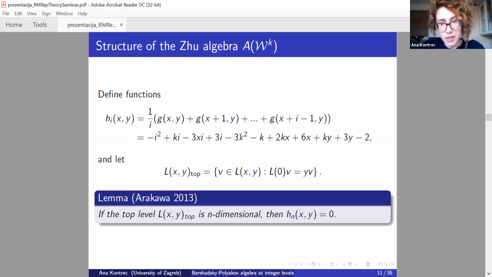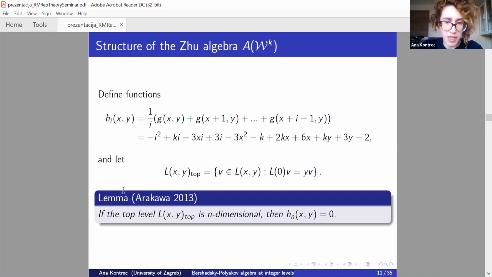We have x squared here and y, and it turns out, a property of the Smith algebra is that the modules for the Smith algebra are in one-to-one correspondence with zeros of these polynomials here. Okay, so we exploit, not exactly this, but very similar, and we exploit this property in order to classify modules for the Bershadsky-Polyakov vertex algebra.